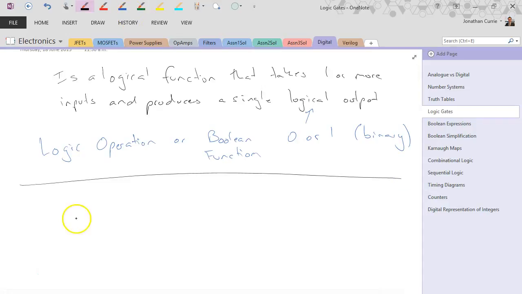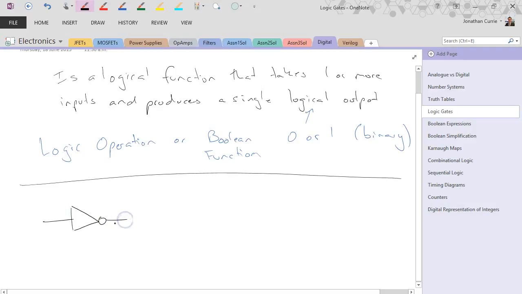The simplest of all logic gates is the NOT gate. And being a logic operation, we have an input, let's call it A, and an output Q. And we can draw a truth table for this associated gate.